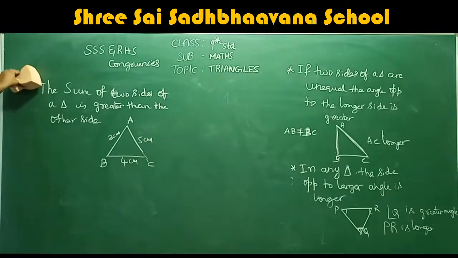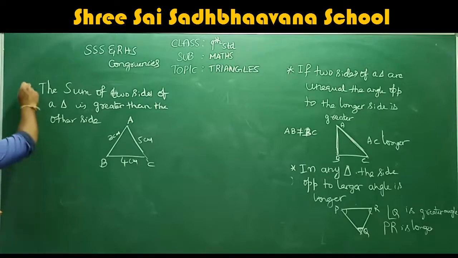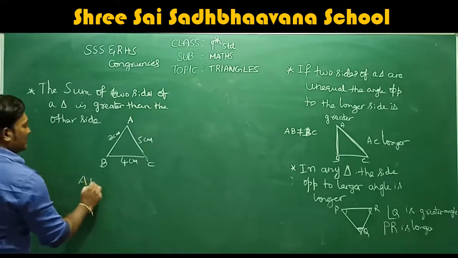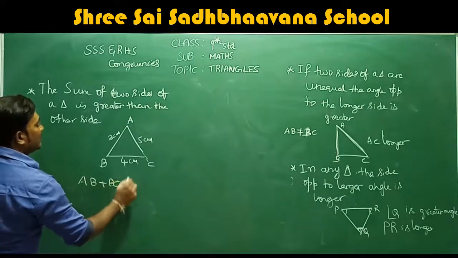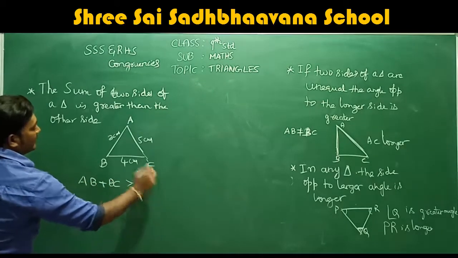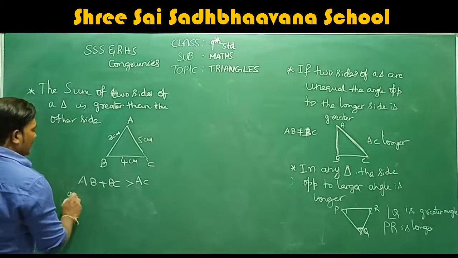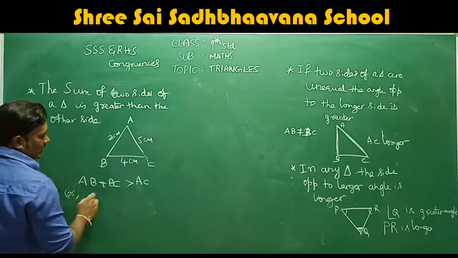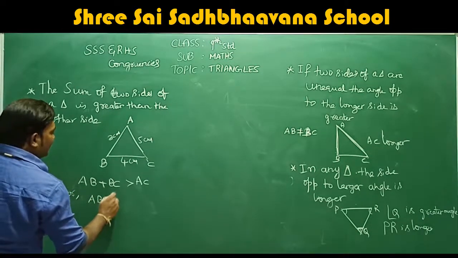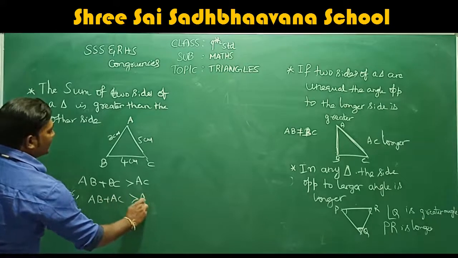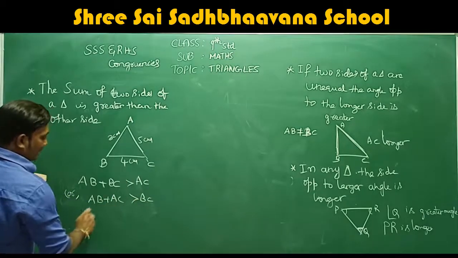What does this statement say? The sum of two sides of a triangle, it means AB plus BC should be greater than AC. Or you can take any two sides. AB plus AC should be greater than BC.